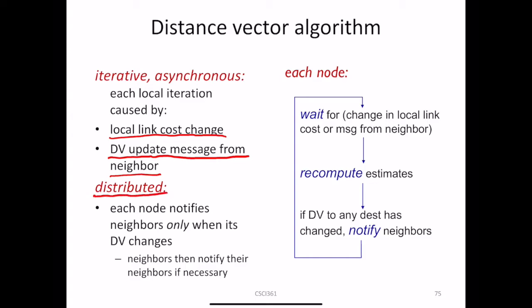So each node notifies neighbors only when its distance vector gets changed. So that means these two conditions can trigger distance vector update for the current router. However, these two conditions may not update the distance vector every single time.